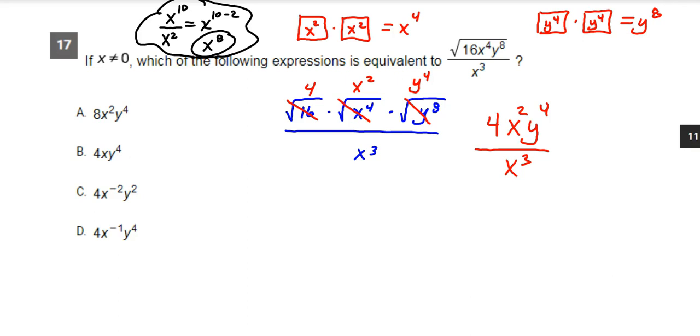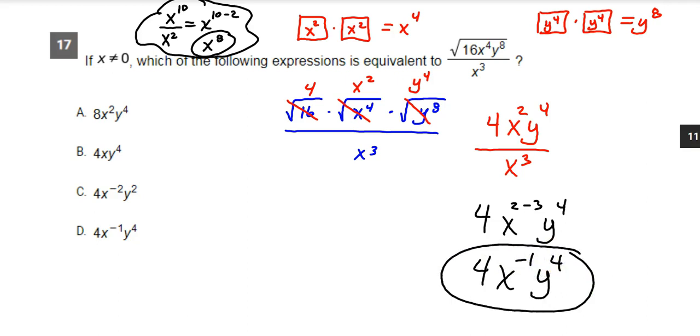But you subtract the exponents. So when I'm looking through here, this is really 4x to the 2 minus 3, and then y to the 4th, which is really 4x to the negative 1, y to the 4th. You end up with a negative when you subtract those exponents. So the correct answer here would be D.